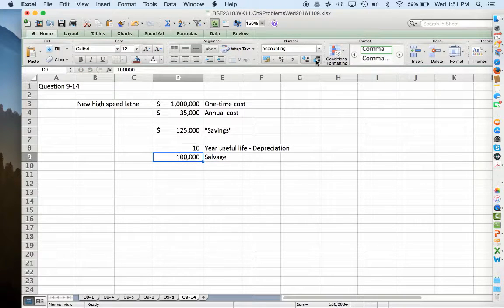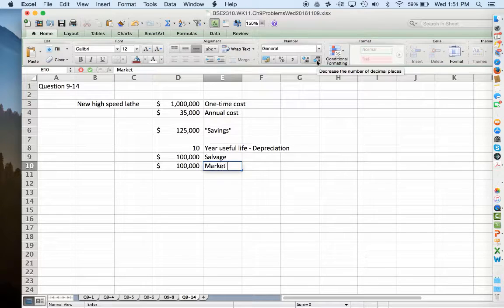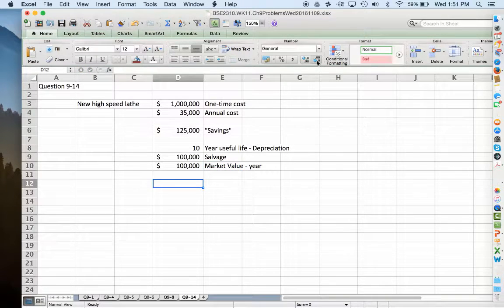And then it tells me that it will also have a $100,000 market value in year 10. We have a 0.088% discount rate and a tax rate of 35%. Okay.